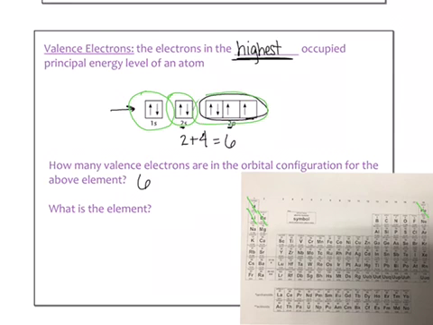Now we're into this 2p block, and we know there's 1, 2, 3, 4 electrons. So here in the 2p, you count 1, 2, 3, 4 electrons. So this element happens to be oxygen. Which indeed has 6 valence electrons.